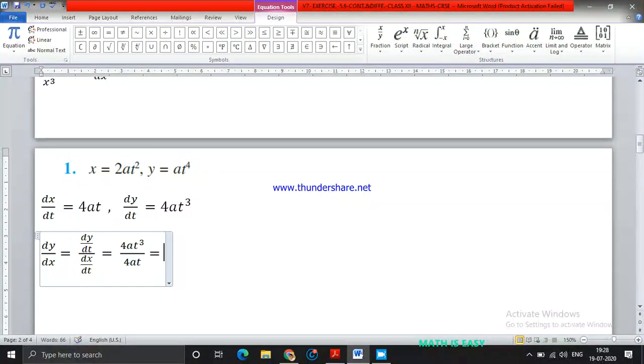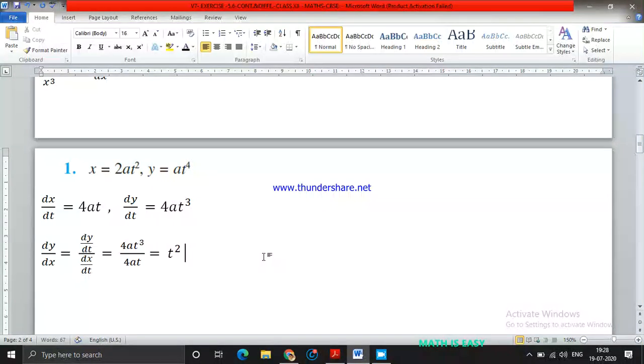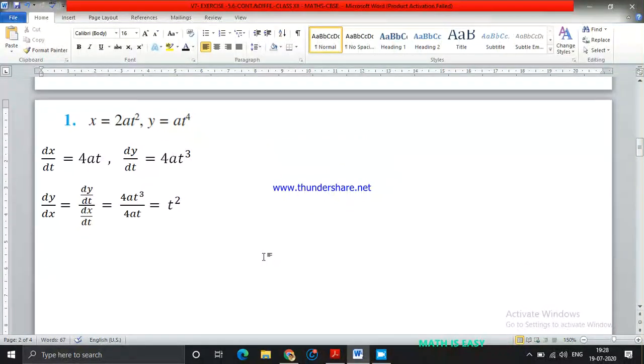After all, the 4a will get cancelled. In t cube in the numerator and t in the denominator, one t will get cancelled. So I am left with the answer t square. Easy to solve.